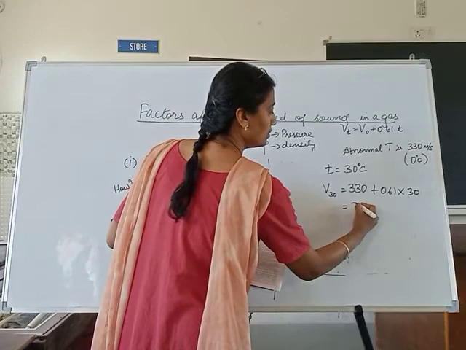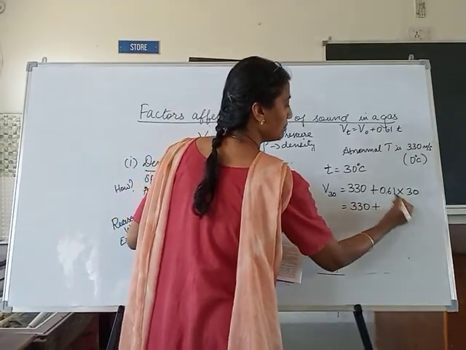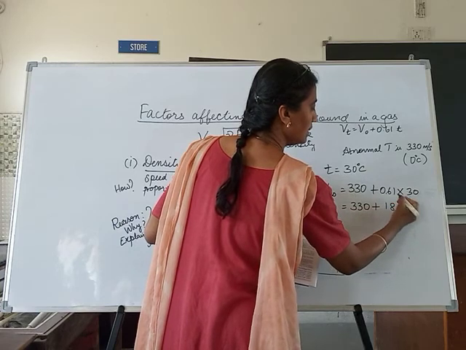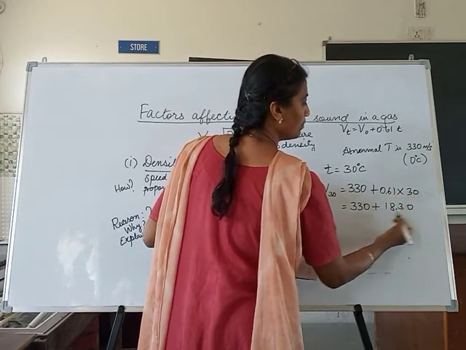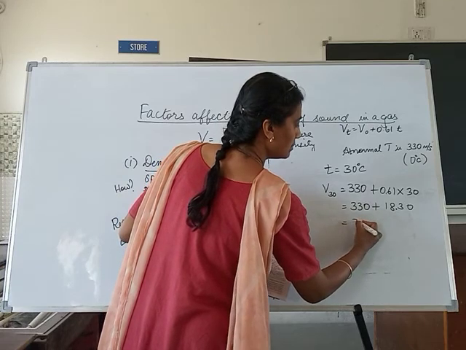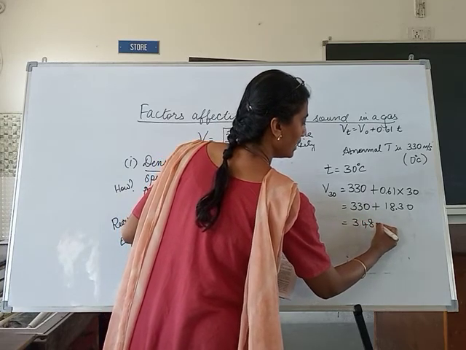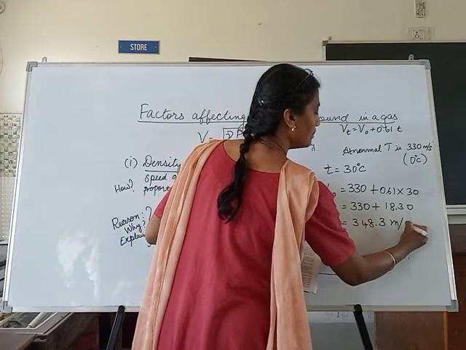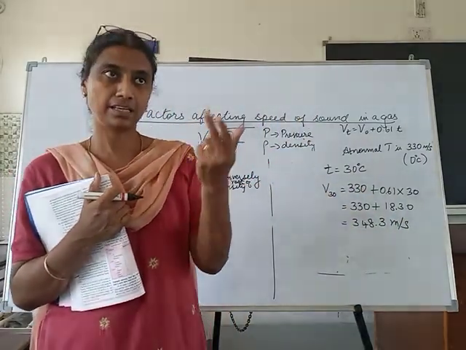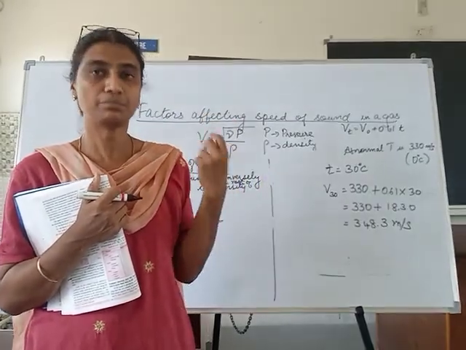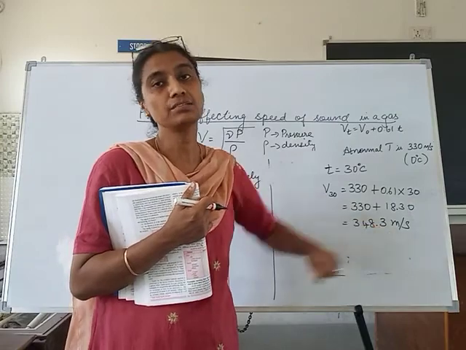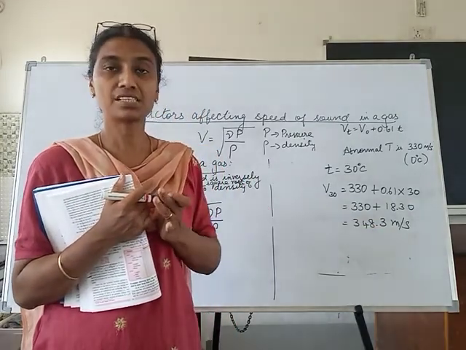So 330 plus 18.3. Your answer will be 348.3 meters per second. Right now, the speed of sound in air, as I'm speaking, is 348.3 meters per second. Hope you understand this, children.